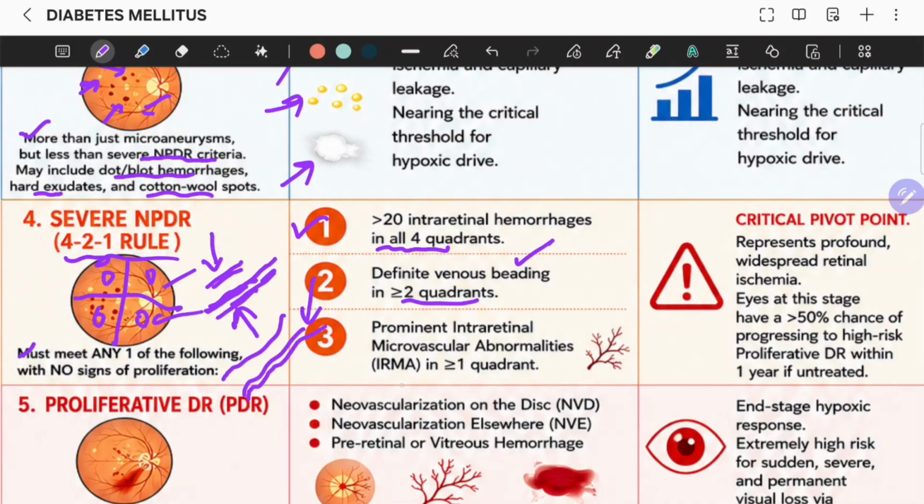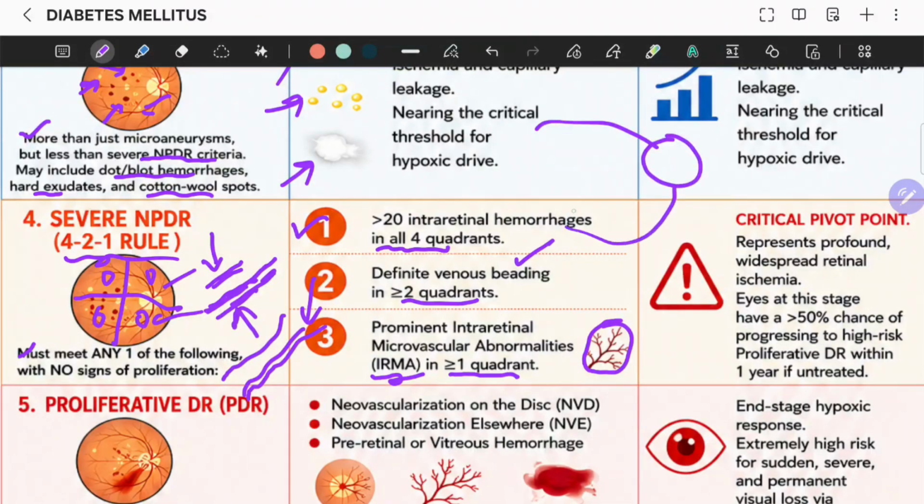Then prominent intraretinal microvascular abnormalities. A tree-like proliferation of blood vessels, but they are micro. That is known as IRMA, intraretinal microvascular abnormality in the retina. That should be present in at least 1 quadrant. Normally you will see the vessels and arteries like this.